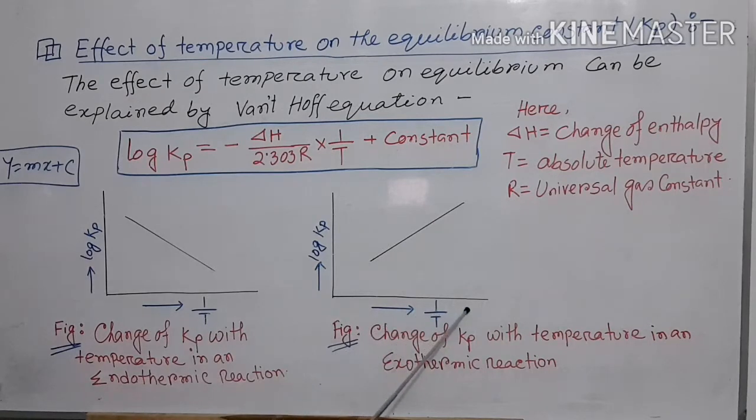That means if we increase temperature, then Kp value also decreases, and we get this type of graph for exothermic reaction, and this type of graph we get for endothermic reaction.